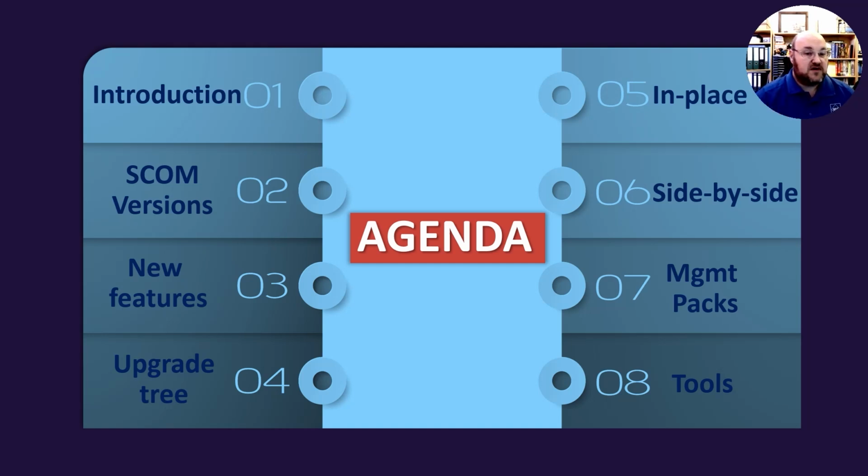We have two agenda points here for the in-place and side-by-side migrations, where we mention some important points. Next to it, we have the management packs and the tooling. So let's go through this.